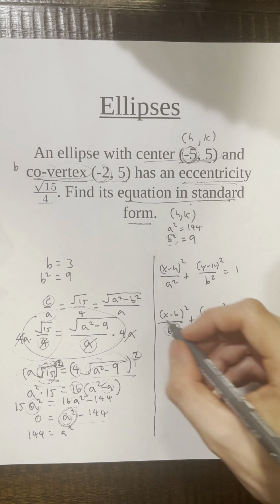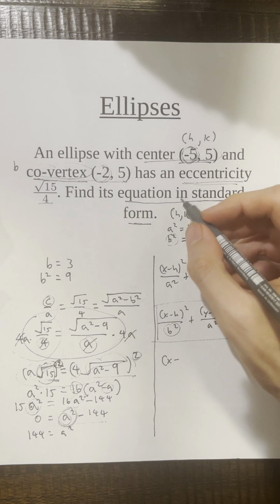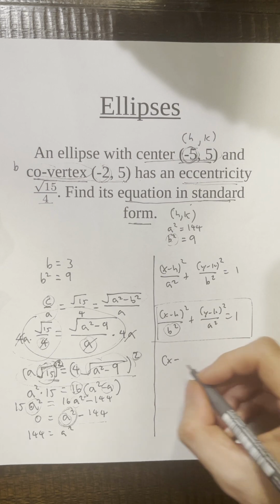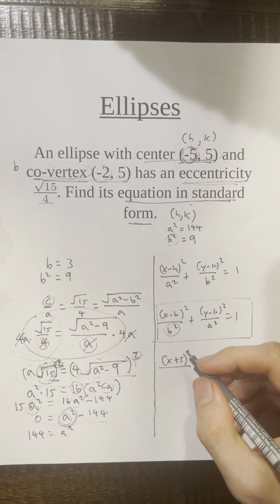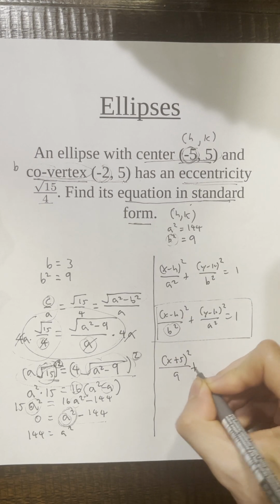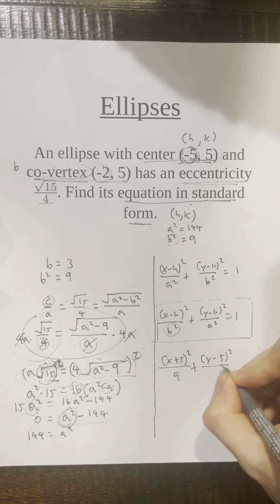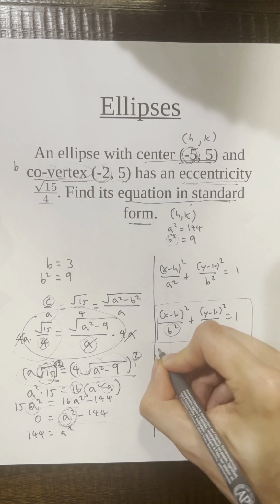Okay, so we're going to be using this one then. So x minus h, which is negative 5. So x minus negative 5, that's the same thing as x plus 5 squared over b squared. So 9 plus y minus k, so 5 squared over a squared. So 144. This is your answer.